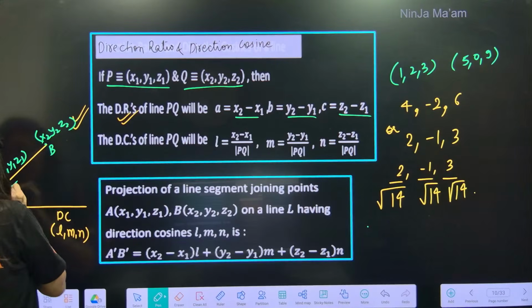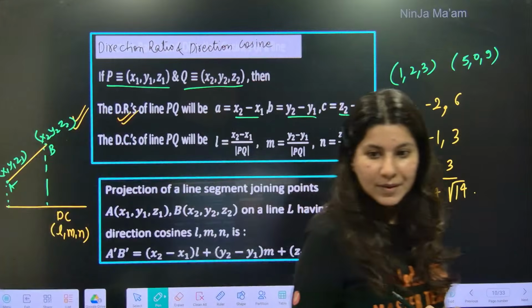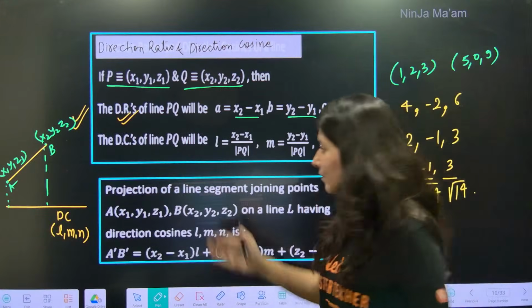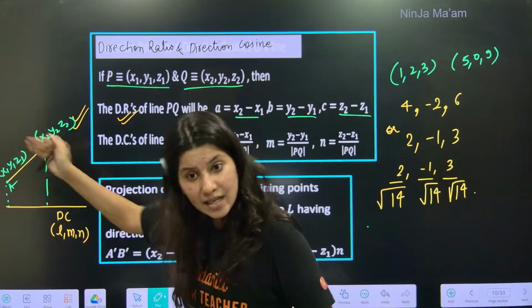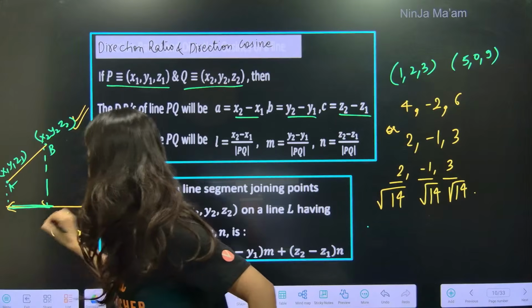Now you are looking for the projection of a line segment on a line. That means you are looking for this particular length. It is very simple.